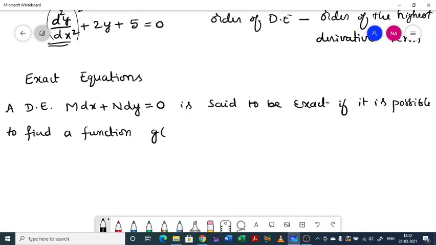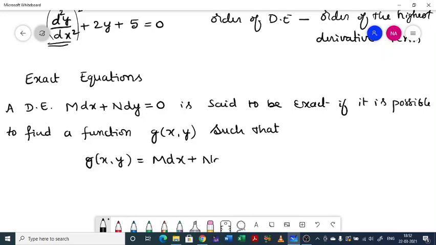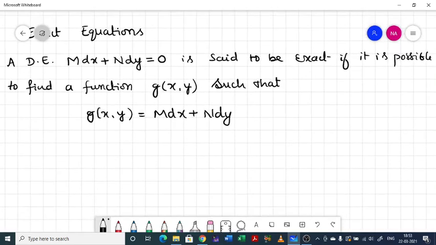So generally, taking a function g of x comma y such that g of x comma y equal to m dx plus n dy. This is the definition of exact equations.